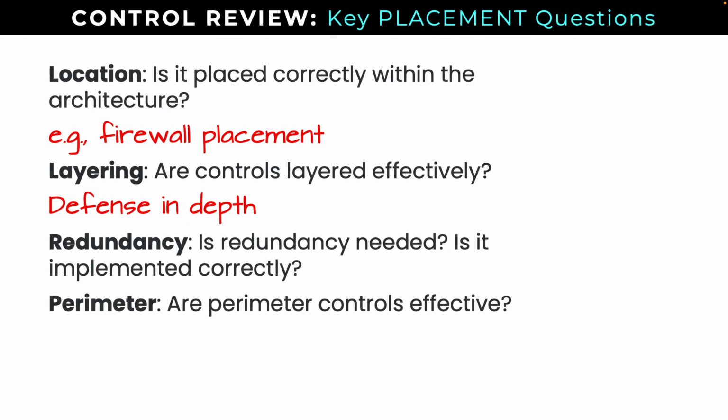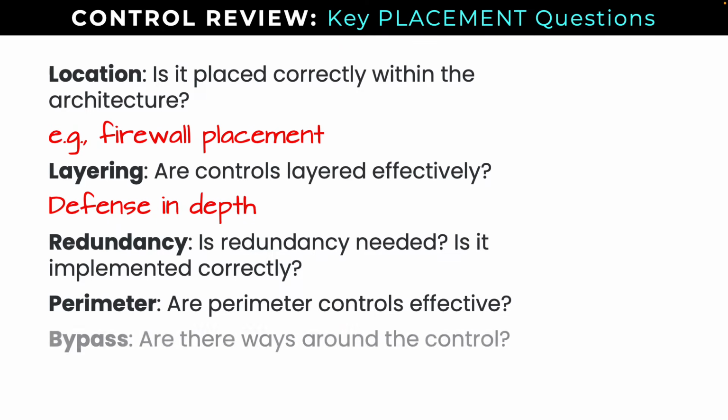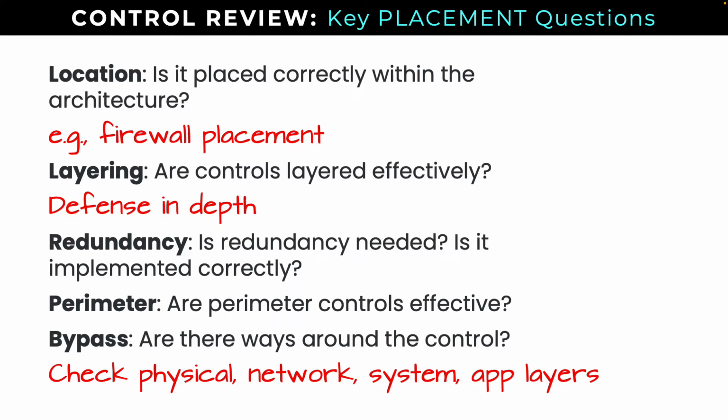Are we blocking threats at the edge of our network, at the edge of our physical location? Bypass. Are there ways around the control? And if there are ways around the control, are those bypasses likely to be exploited? Are they exploitable? So we want to check physical, network, system, app layers, all the way up the stack to make sure that the bypasses are dealt with from the front door to the application layer.